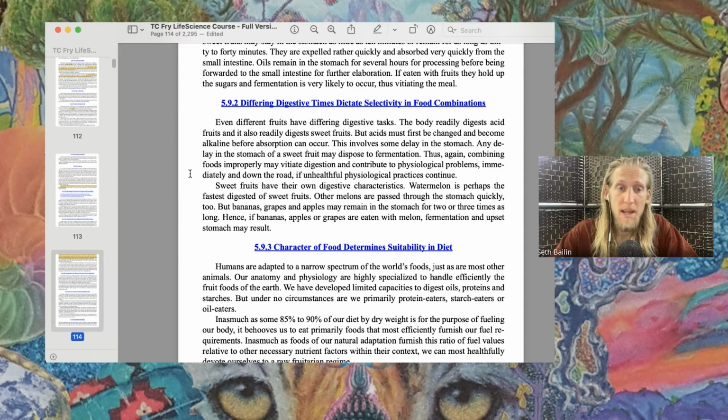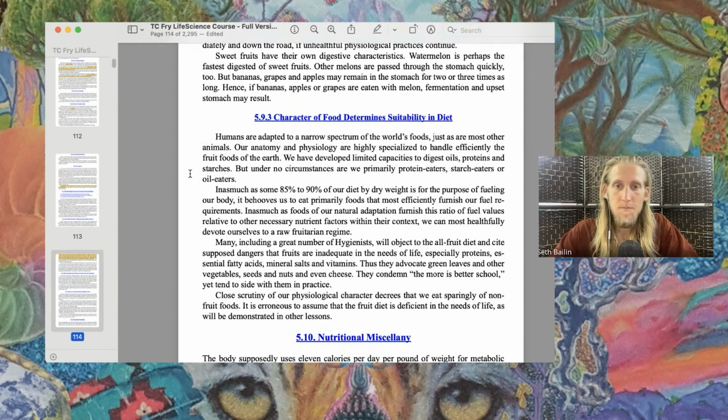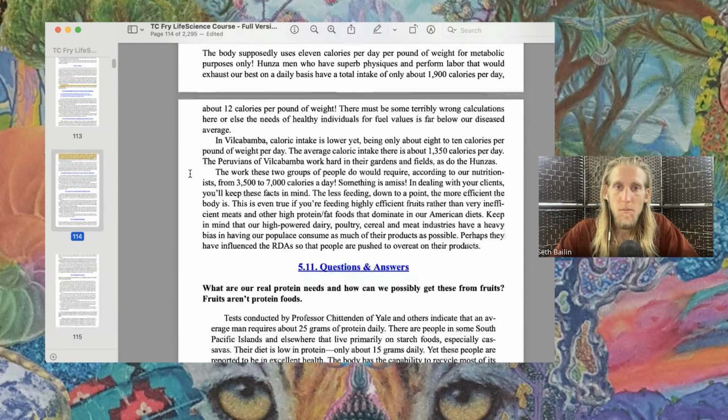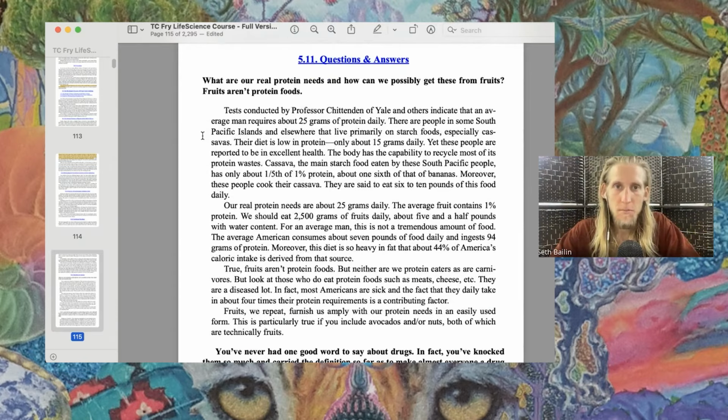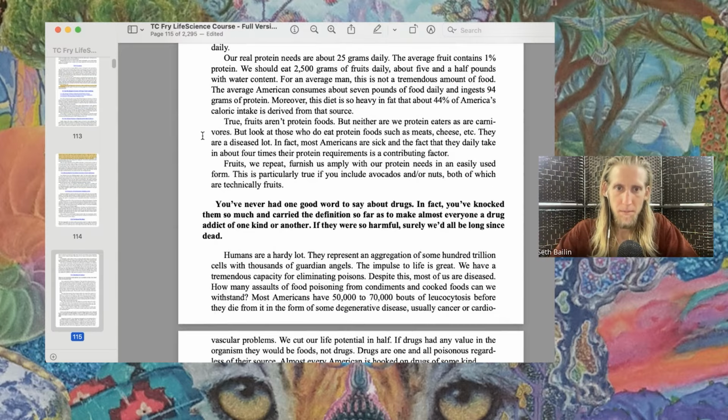The watermelon may get backed up and ferment, cause gas and bloating and discomfort. So those are the foundations of food combining. According to T.C. Fry in the Life Science Health System, that is the natural hygiene approach for it.